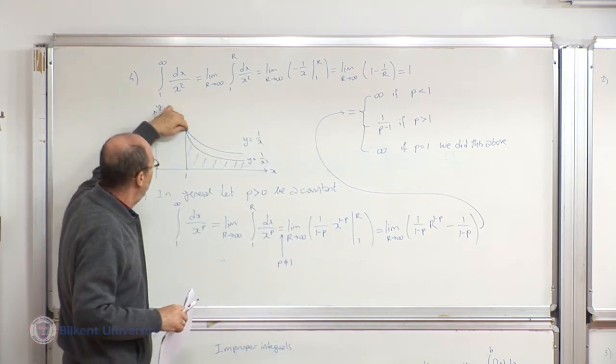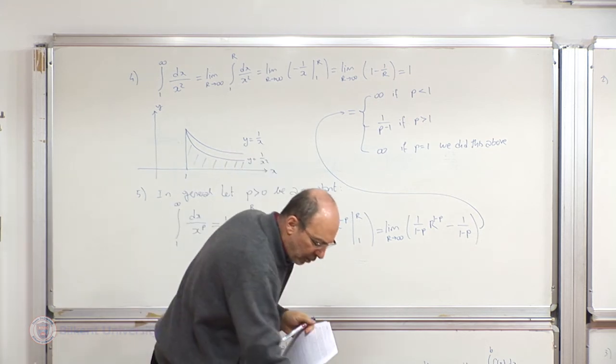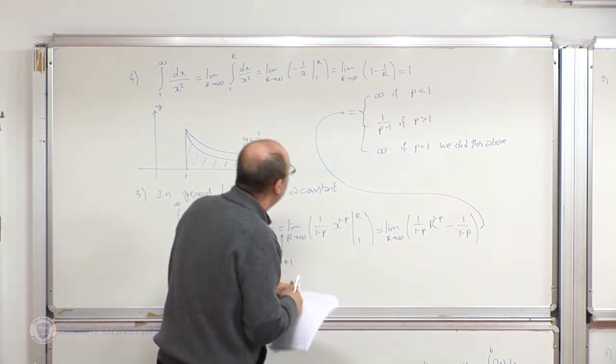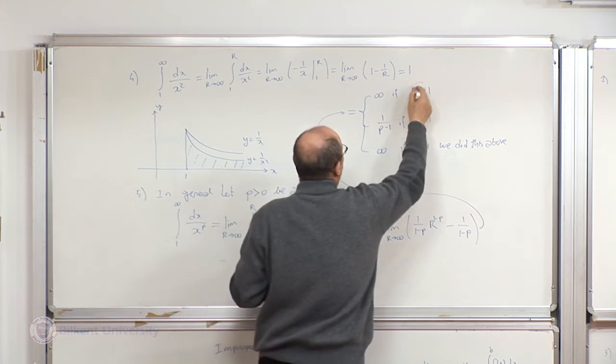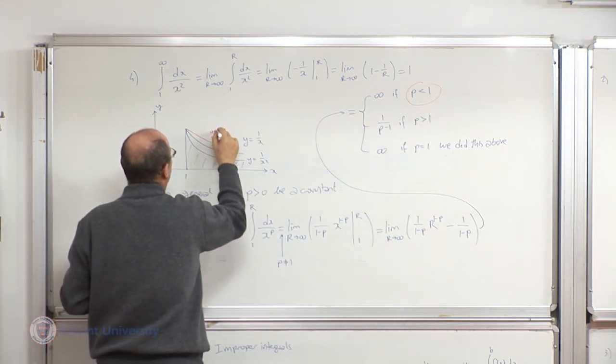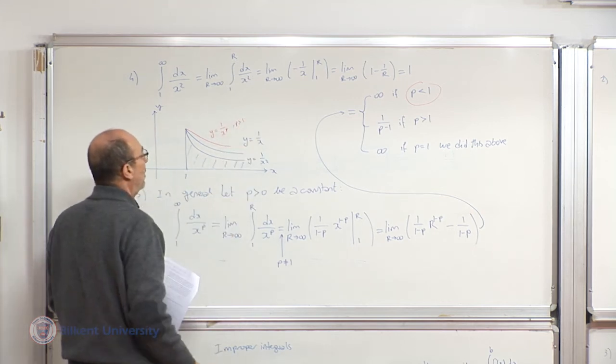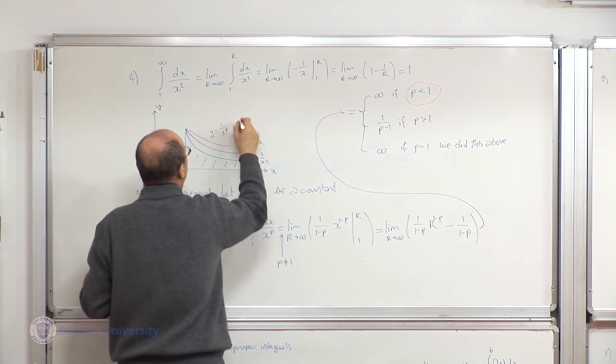Okay, so that's for curves here. Let me draw that. Let's suppose we have these things. These are y equals 1 over x to the p, with p larger than 1 and p less than 1.